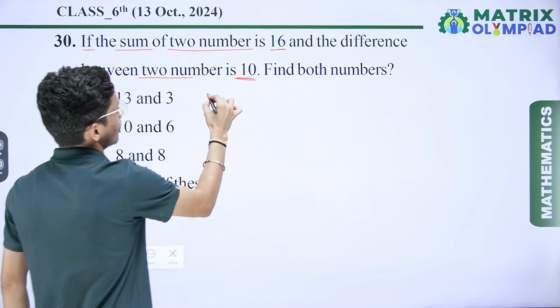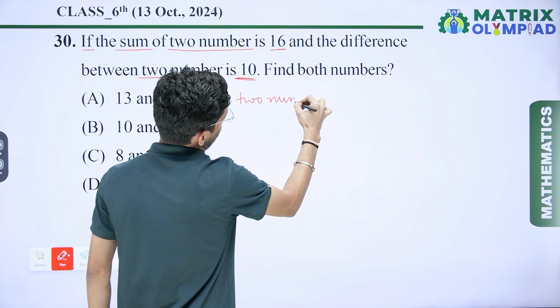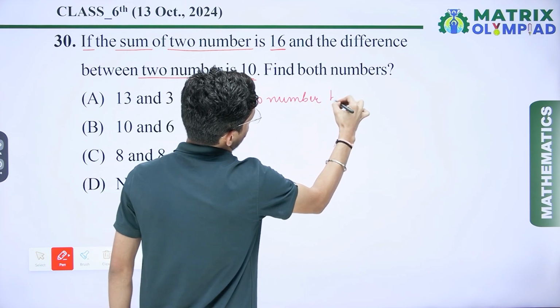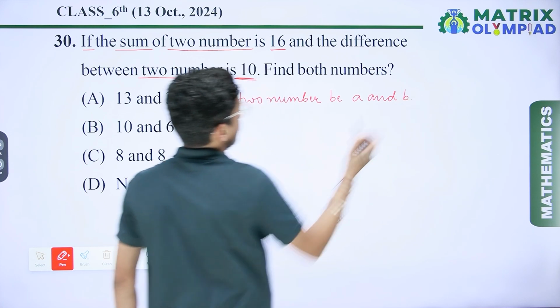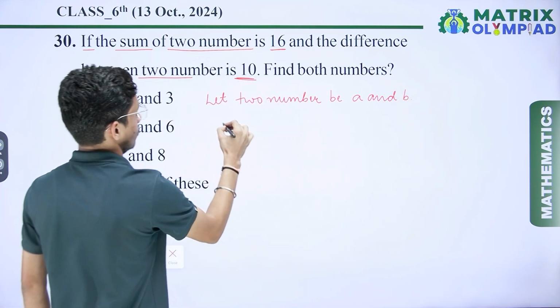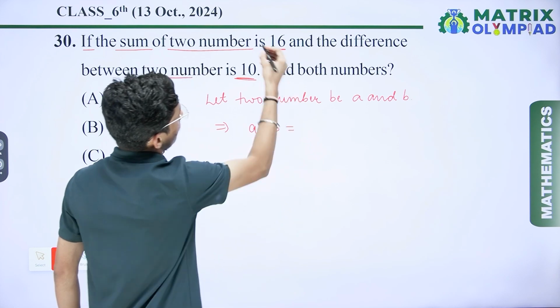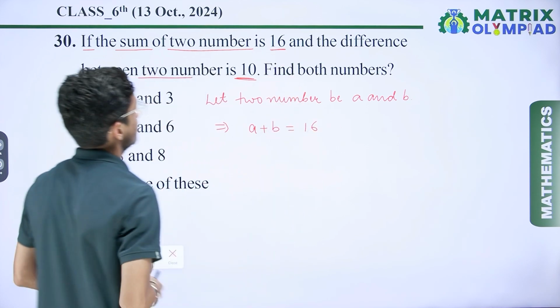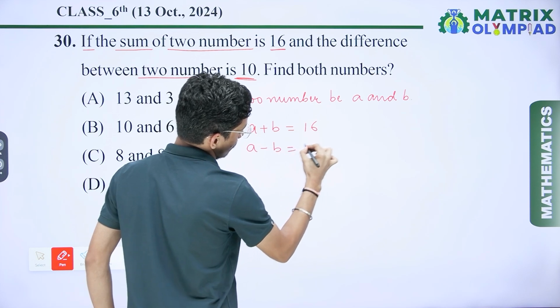So let the two numbers be A and B. Now first we have given the sum, so A plus B is equal to 16, and we have given the difference, that is 10. So A minus B is equal to 10.